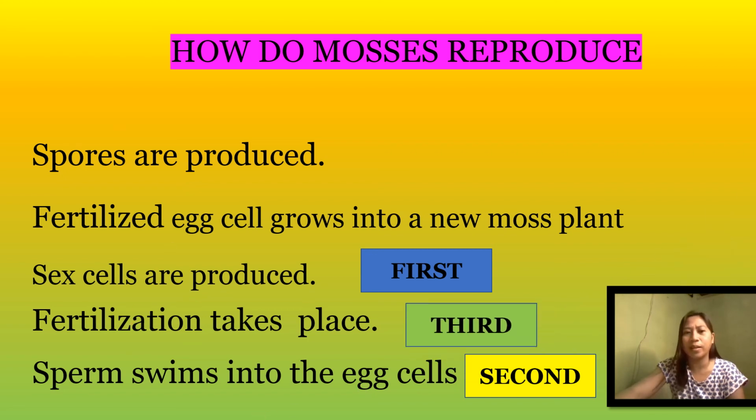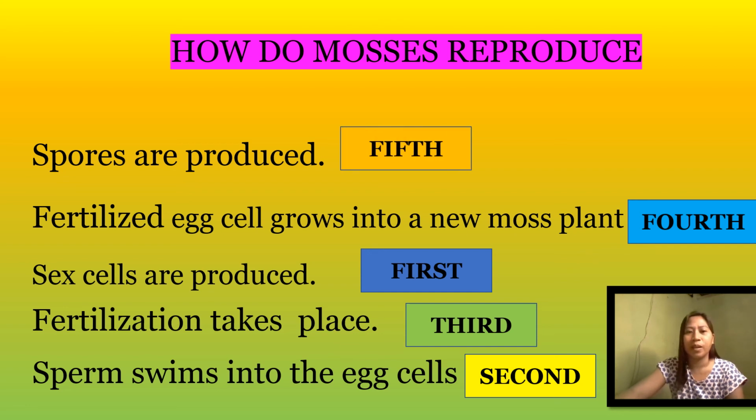The third one is, of course, when the sperm already swims into the egg cell, fertilization takes place. Okay, which one is the fourth? Alright, so the fourth step is fertilized egg cells grow into a new moss plant. Alright, and of course, this will be the last step.